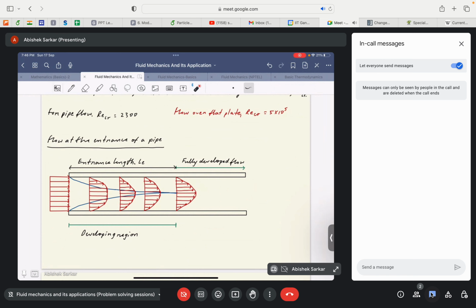You will see in the following derivation that this fully developed flow analysis helps us in simplifying our governing equation, and in turn makes our governing equations linear, which then helps us get a second order linear ordinary differential equation that is easy to solve.